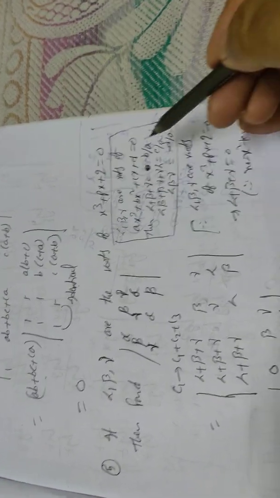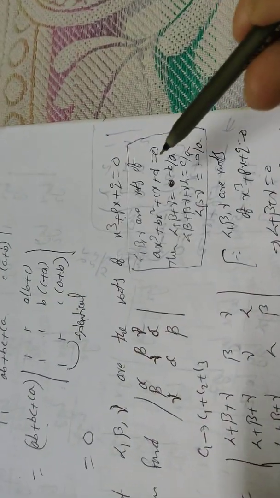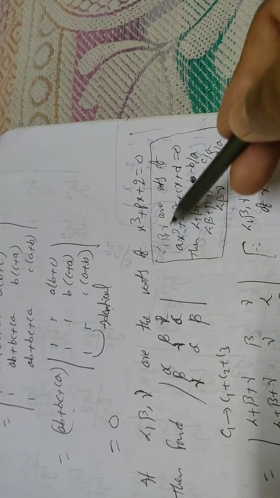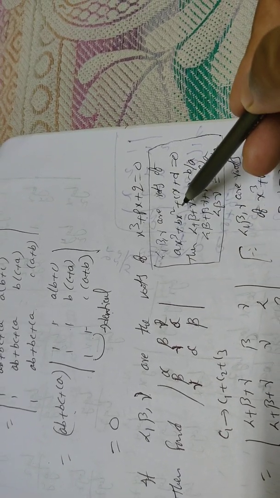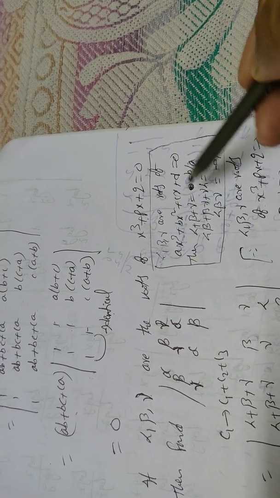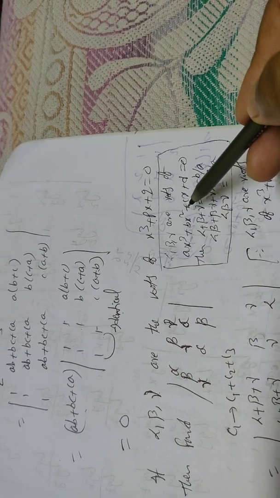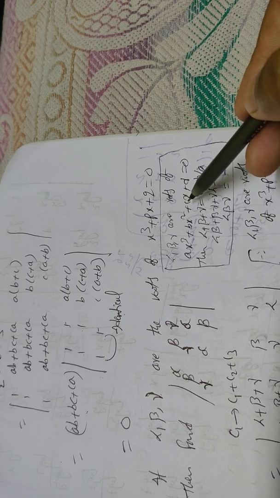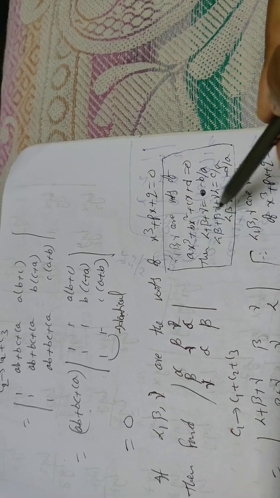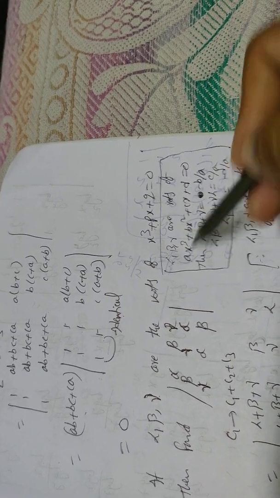I am giving the formula once again. Just remember, alpha, beta, gamma are the roots of ax cube plus bx square plus cx plus d is equal to 0. Then alpha plus beta plus gamma is equal to minus b by a. Alpha beta plus beta gamma plus gamma alpha is equal to c by a, and alpha beta gamma is equal to minus d by a.